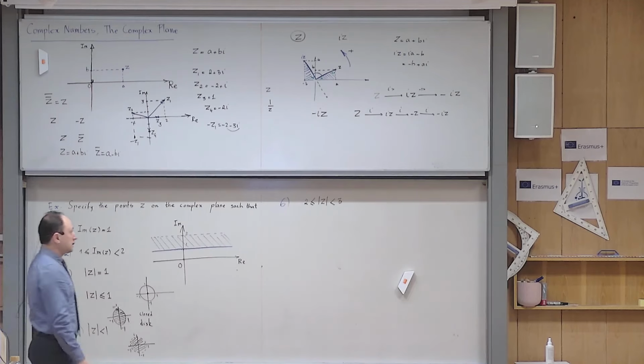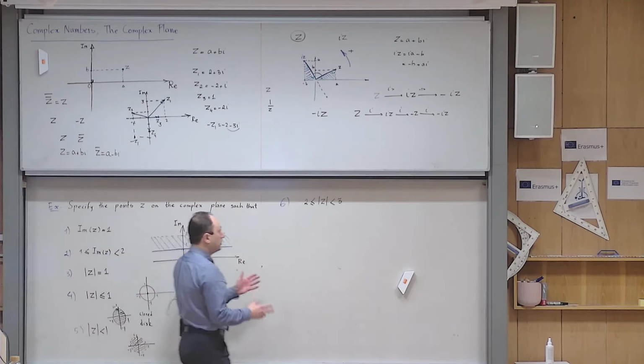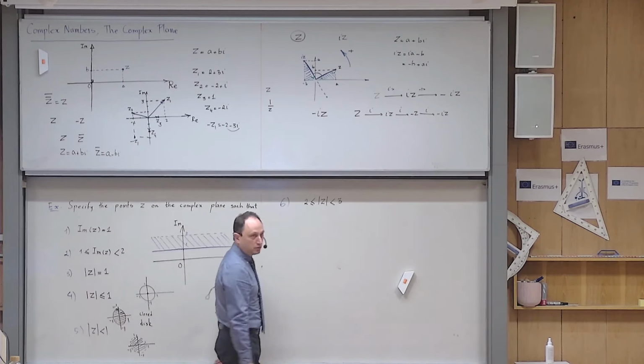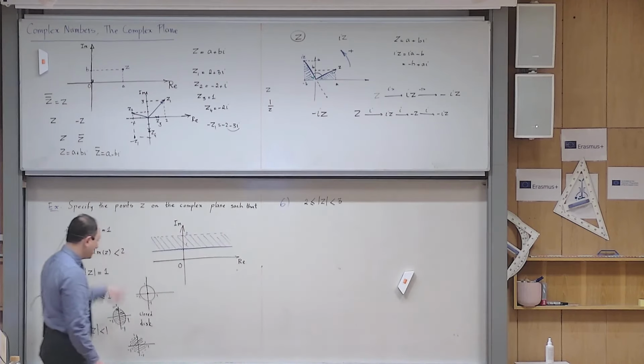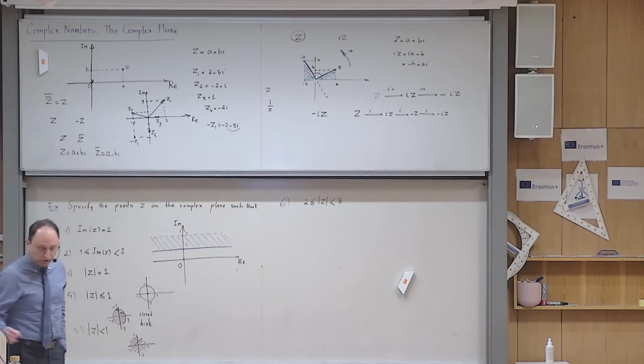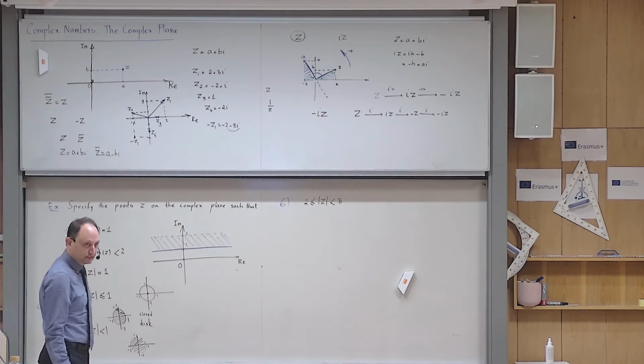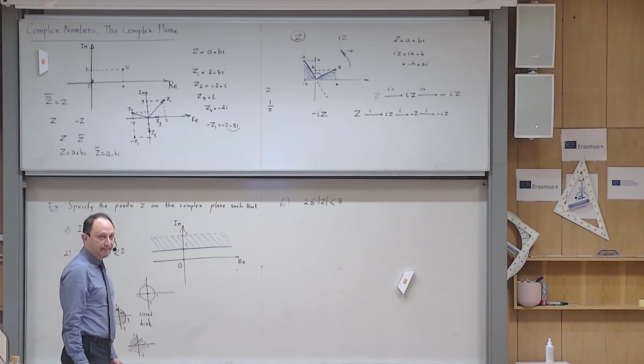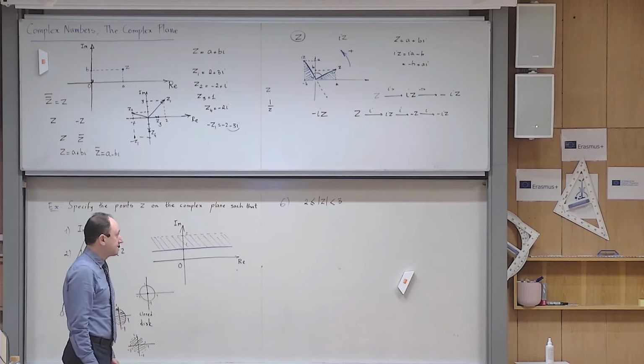The question is to represent all the points satisfying this double inequality using the experience you got so far. So what is the result? It's a solid circle centered on the origin with a radius of 2, and then another, dotted circle with a radius of 3, and the space between them is shaded.